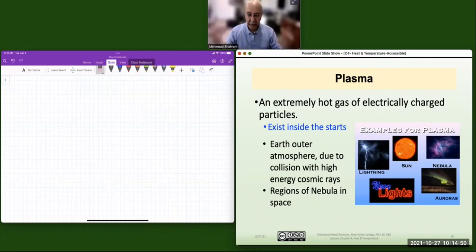And we will talk about how that happens again later on. And of course, neon lights: inside those tubes you generate plasma, and because the particles are oscillating, they generate light.